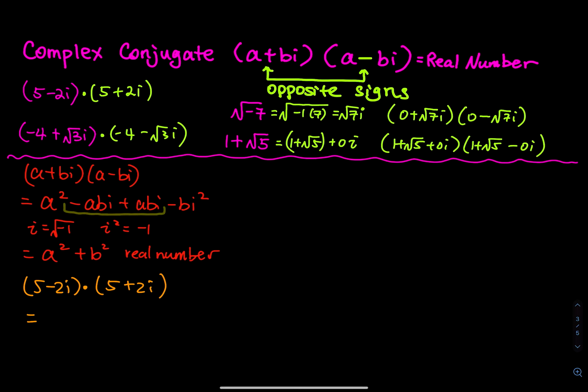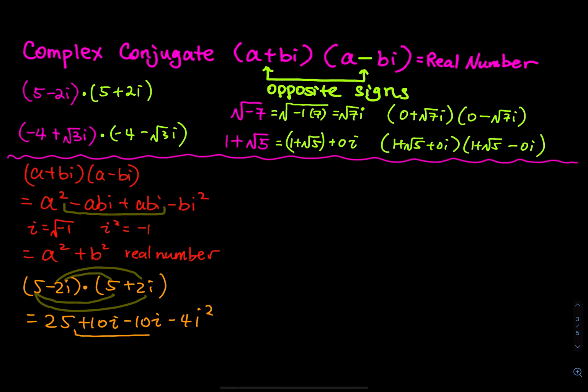Okay, 5 times 5. So this is how you do the multiplication. 5 times 5 is equal to 25, and then plus 10i minus 10i, and then minus 4i squared. When you multiply a conjugate, the two terms in the middle will be cancelled. So therefore you have 25 minus 4 times negative 1, which is 25 plus 4, equal to 29.